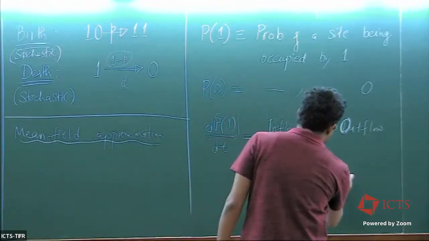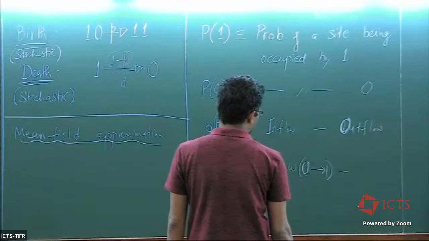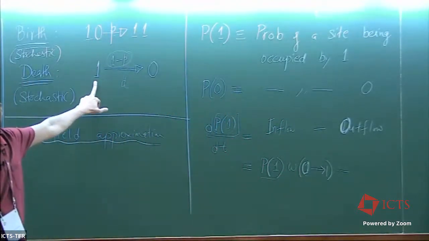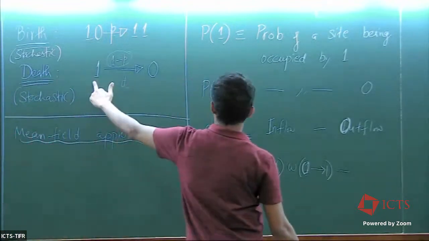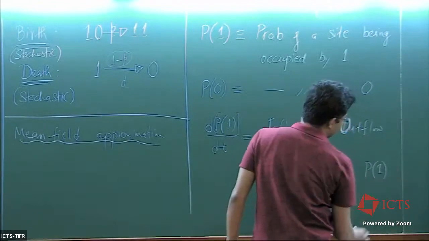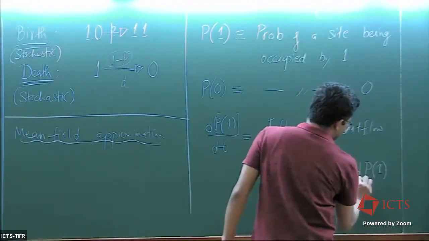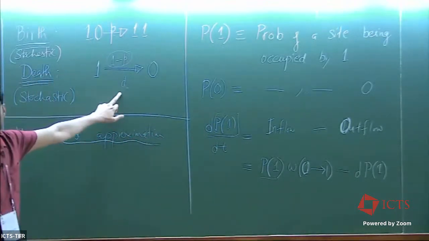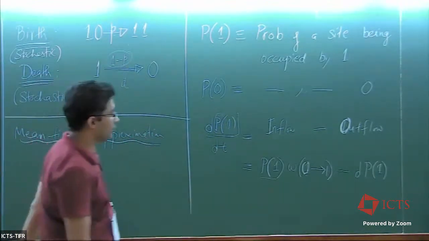Okay, and then what's the outflow? Or the death, basically death terms. Basically, what is that? It must be occupied and it must die. And that is basically D times P1. Right? So probability of death is D or 1 minus P, depending on how we write.